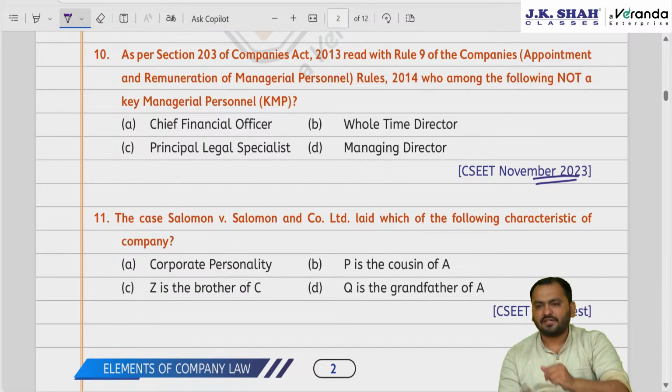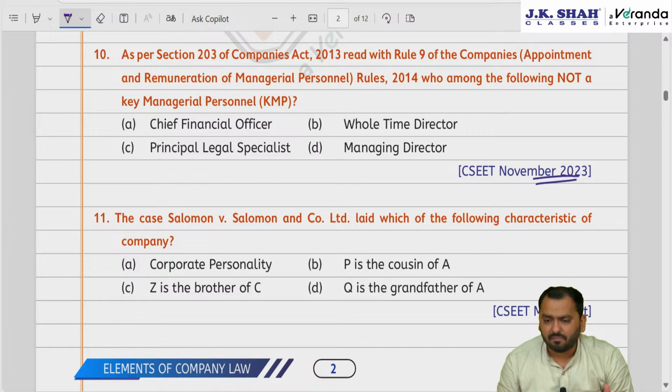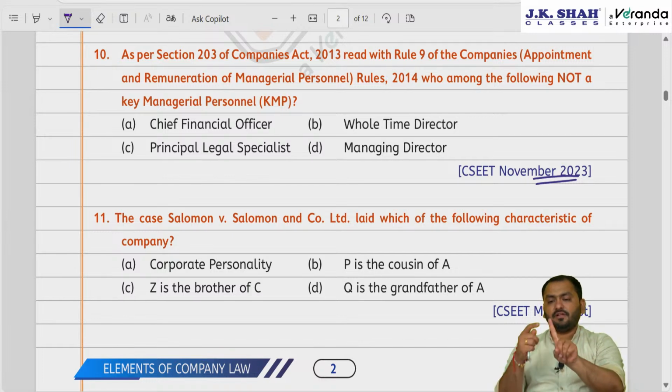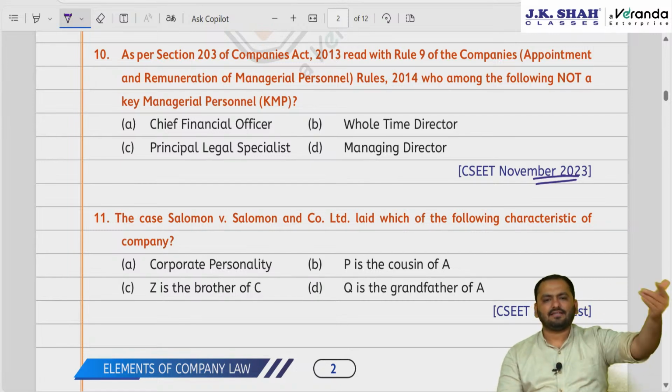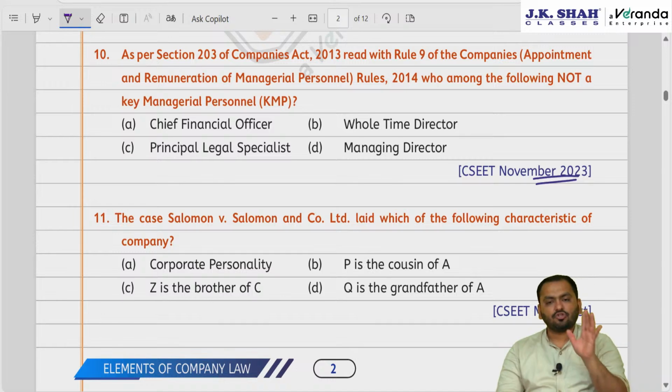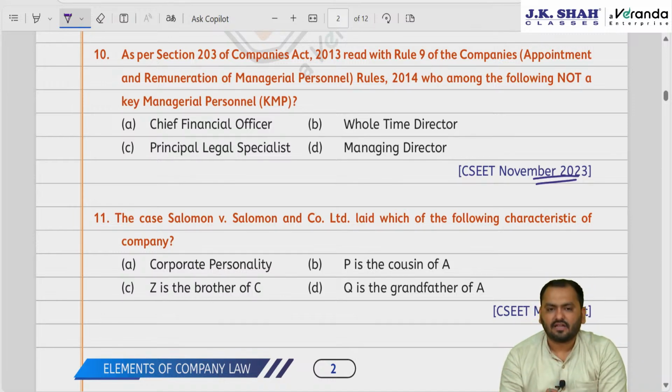So as per the definition, who are considered as the KMPs? So answer is Managing Director, Whole-Time Director, Manager, CEO, CFO and Company Secretary, right? And such other person as prescribed.